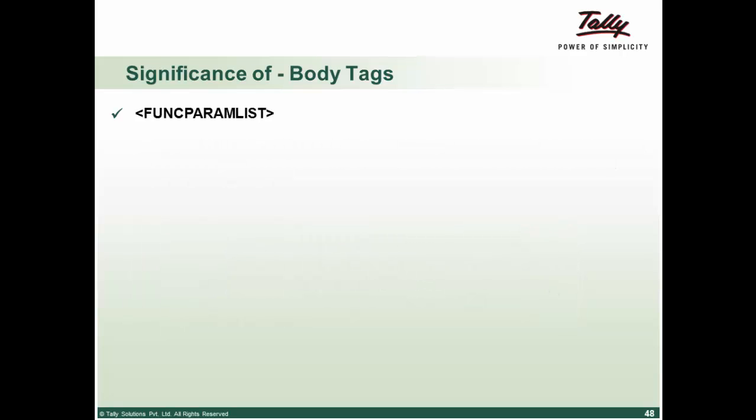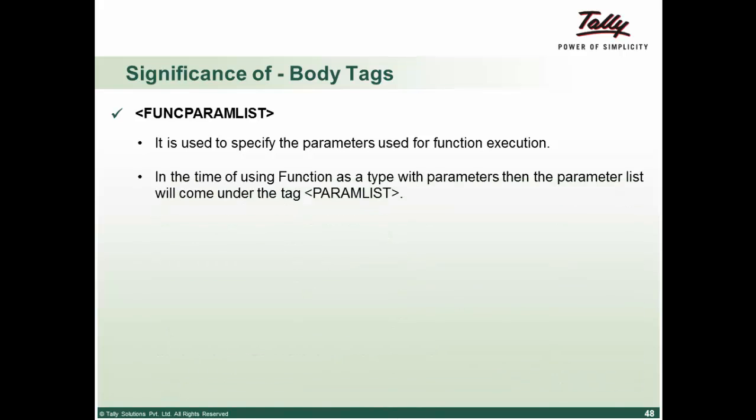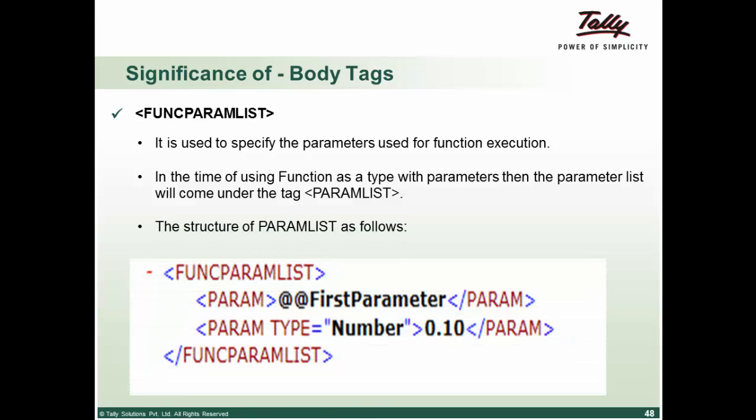Now comes the func param list tag. It is used to specify the parameters for the function execution. When using the function as a type with parameters, the parameter list will come under the param list tag. The structure is as shown on the screen.